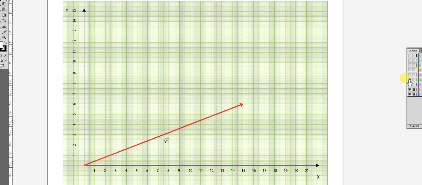So, we have a vector v1. And we have a vector v2. Okay, so what is v1 plus v2? Well, literally, I just bring vector v2 and put the tail of vector v2 on the head of vector v1.